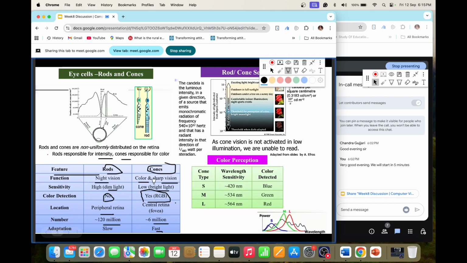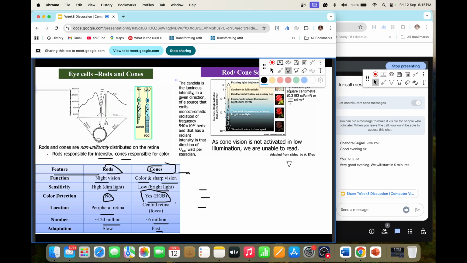Regarding the cone cell, because color is the topic, we can divide cone cells into three types: short wavelength, medium wavelength, and long wavelength.